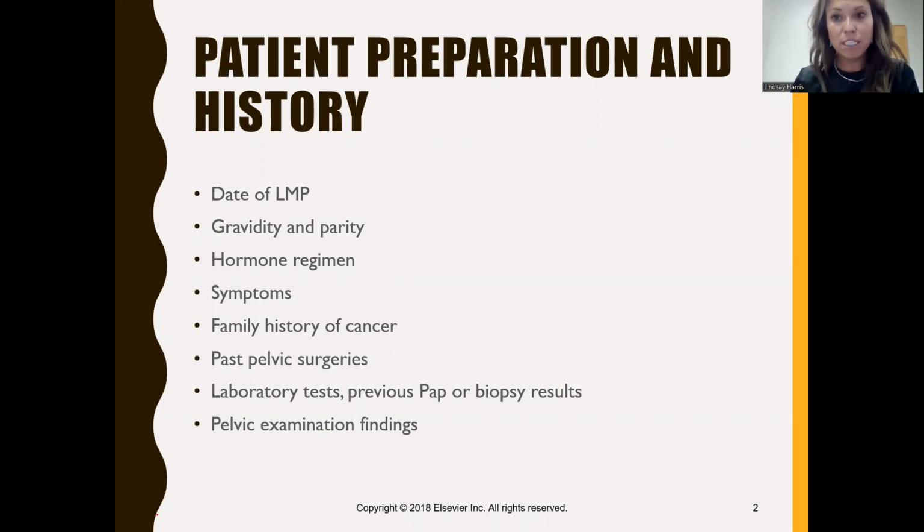If they are on a hormone regimen, if they are postmenopausal, sometimes they will put you on estrogen, which can change what the endometrium looks like. What kind of symptoms they're having is a huge one. If they have any family history of any kind of ovarian or uterine cancer, any pelvic surgeries.